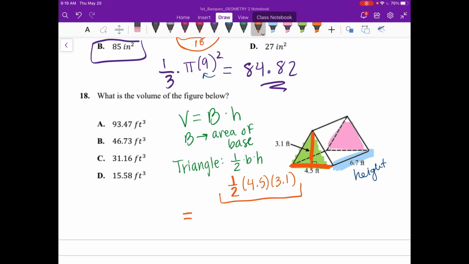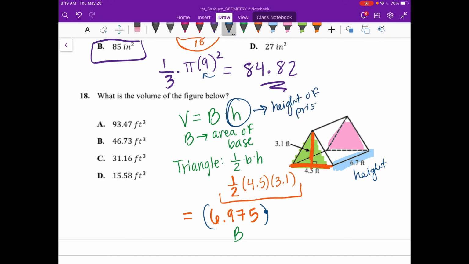So let me actually figure out what that is. If I put that in the calculator, I get 6.975. So this represents, again, the area of the base. But I still have to multiply this whole thing by the height. H represents the height of the prism.